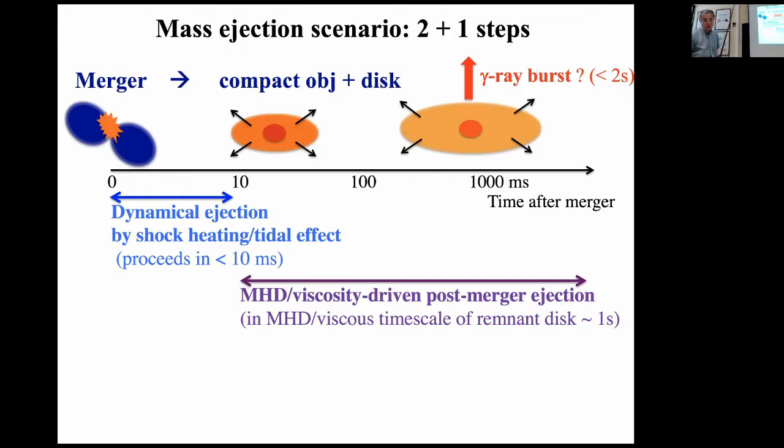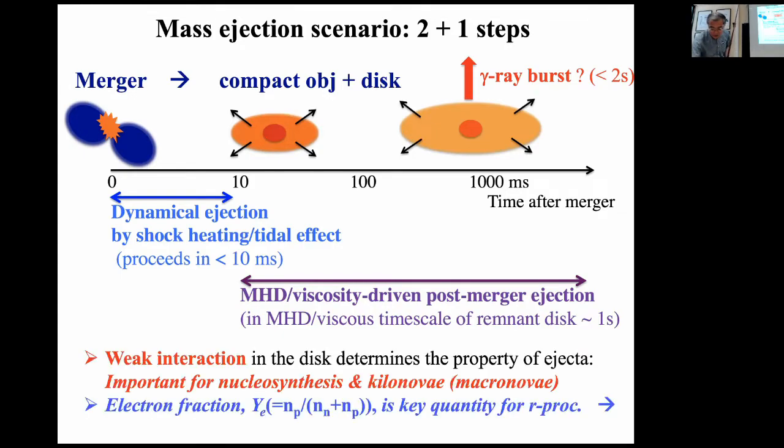And as Vito pointed out, the ejecta mass and the disk mass are very important for this kind of study. But we have another important parameter, the so-called electron fraction. This is defined by the proton number density divided by the proton plus neutron number density.